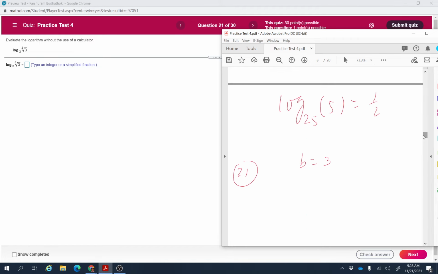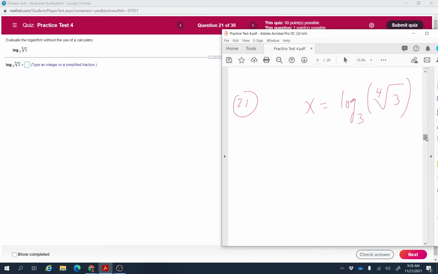So we want to find x, which is log base 3 of the fourth root of 3. We can go to the exponential form, which is 3 to the power x equal the fourth root of 3.